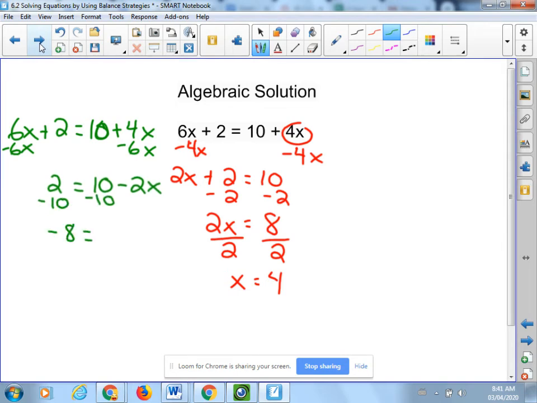Negative 8 is equal to negative 2x. Then I would have been dividing by negative 2 instead, and two negatives still give me a positive. So no matter which way you choose to go, you still end up with the same answer, as long as you are doing the opposite operations.